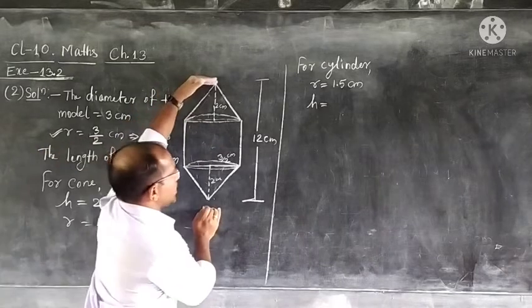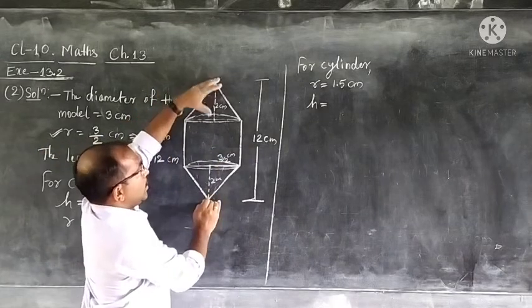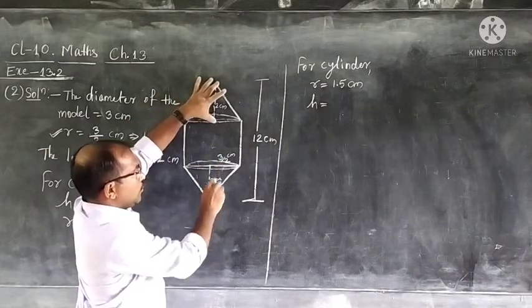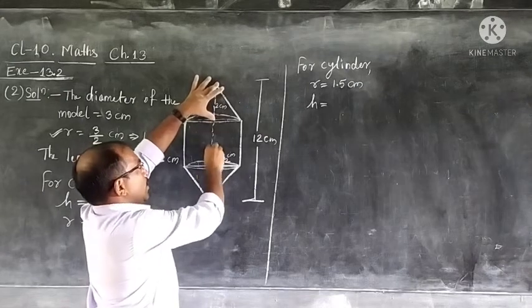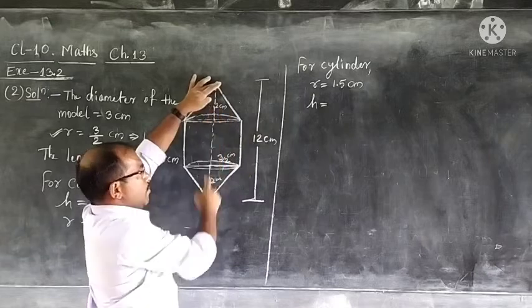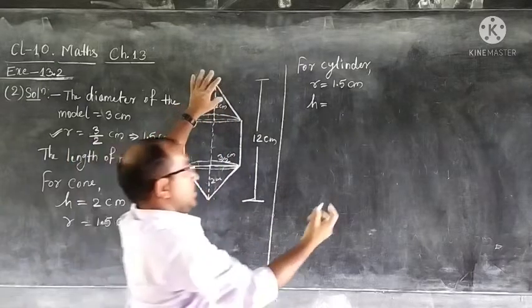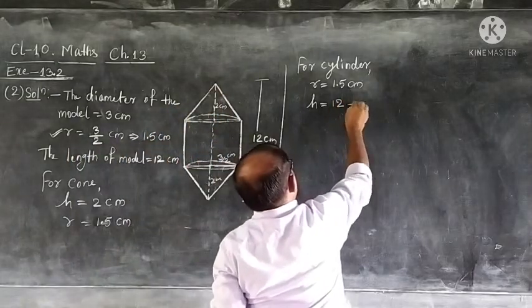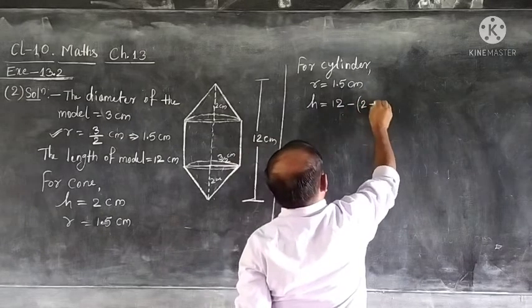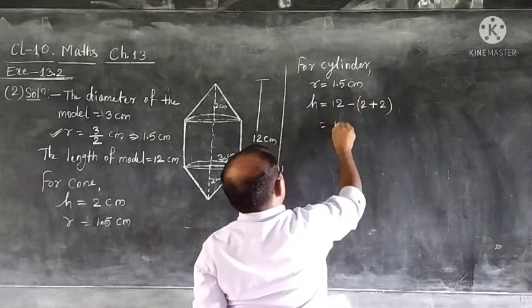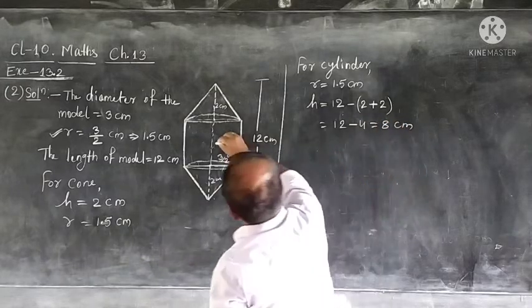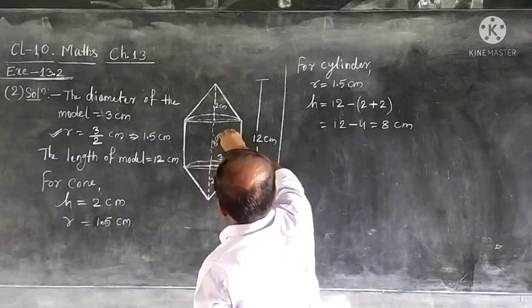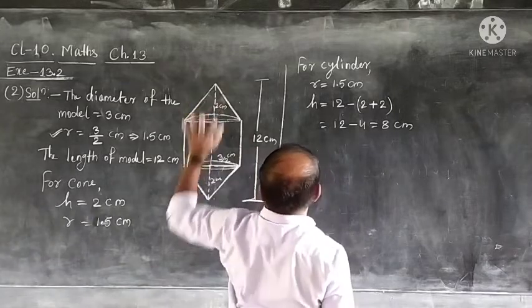Full height is 12, from here conical portion 2, from here also conical portion 2. That means remaining will be 12 minus 2 minus 2. We can do that, 12 minus 2 minus 2, or we can do 2 plus 2. That means 12 minus 4, we will get 8 centimeters. So, cylindrical portion height is 8, then 4, 12.